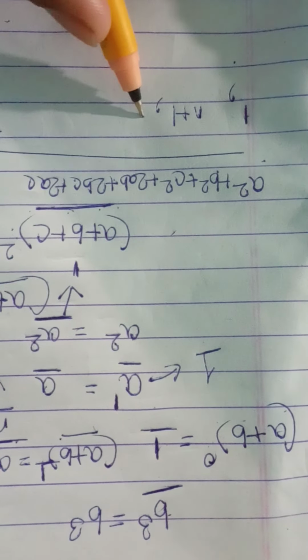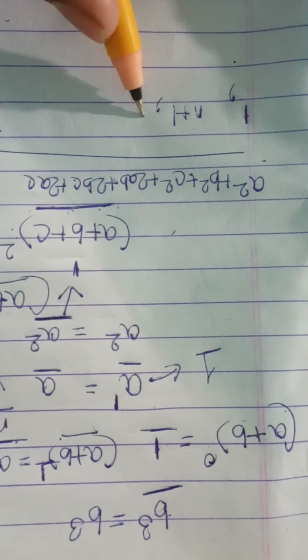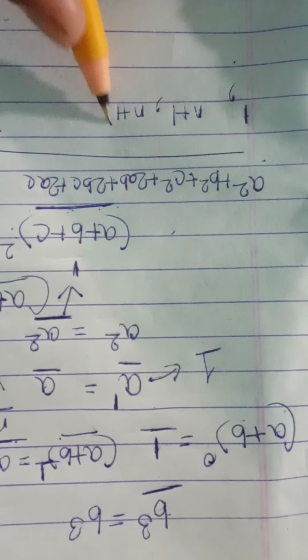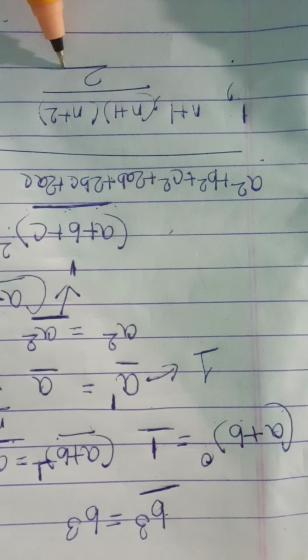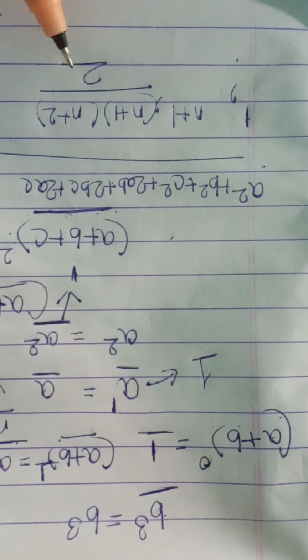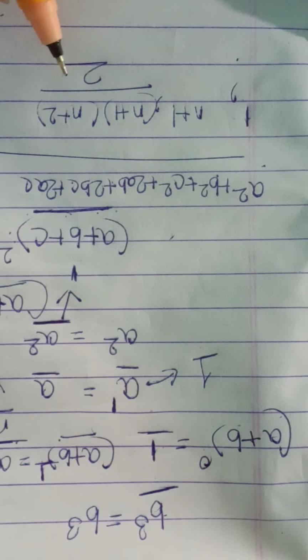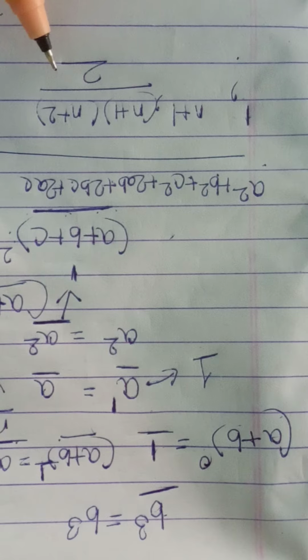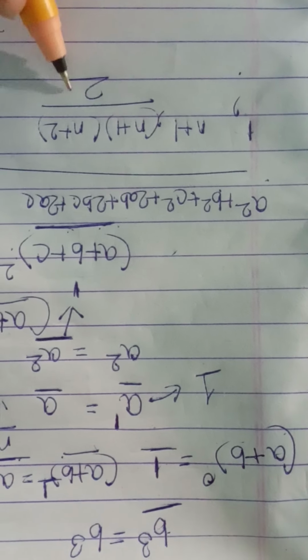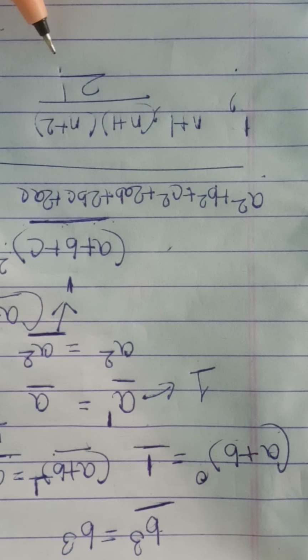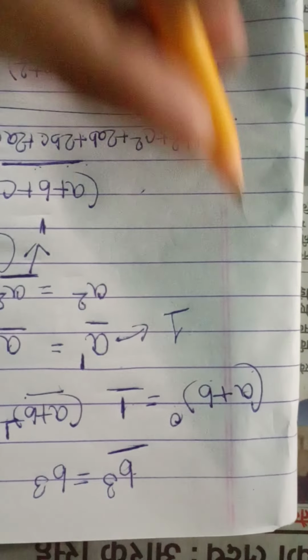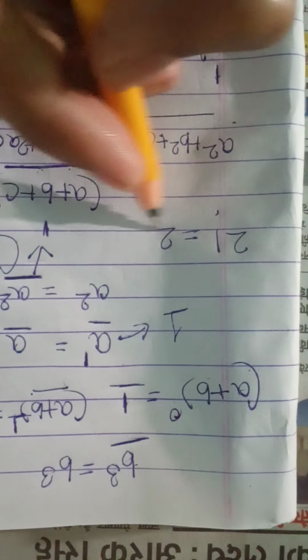For 3 digit expansion we find that the number of terms is (n plus 1)(n plus 2) by 2, and we can also write 2 in place of 2 factorial. 2 factorial is nothing else but 2.